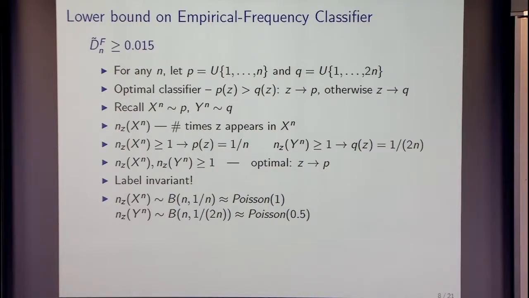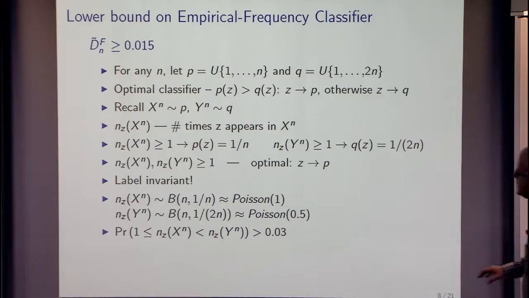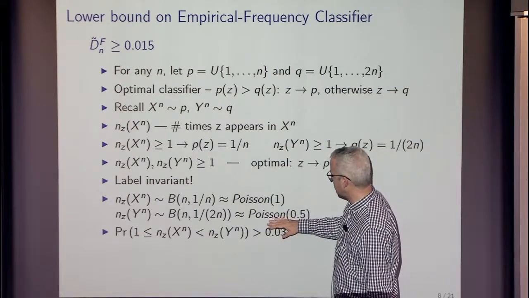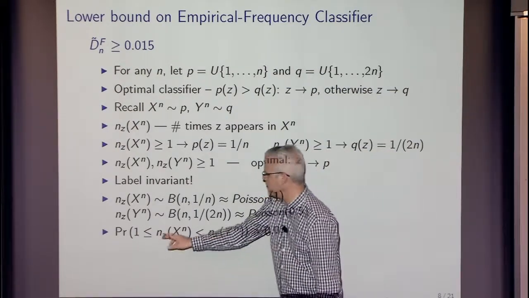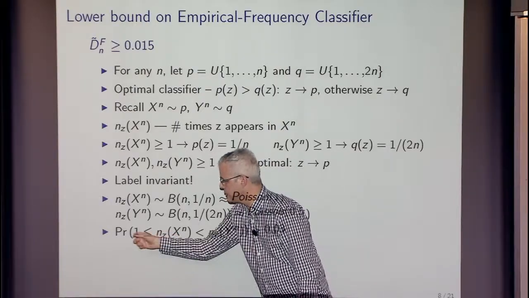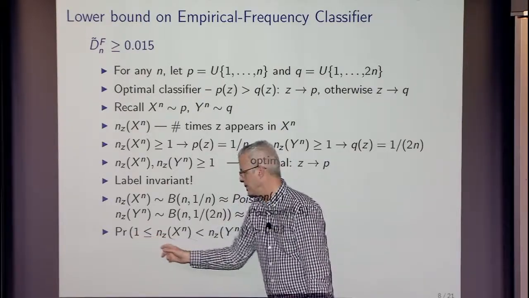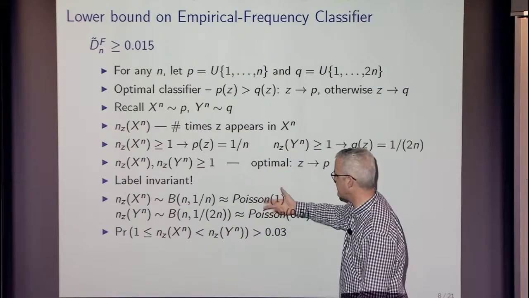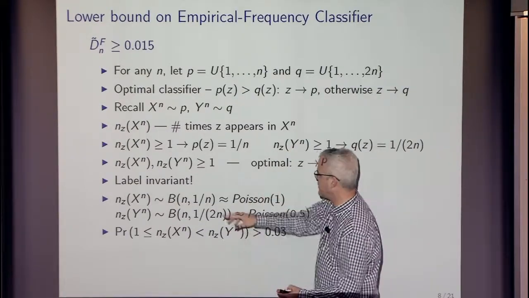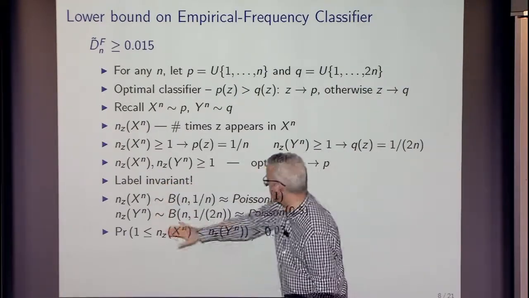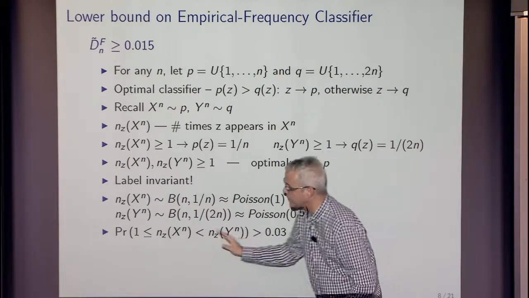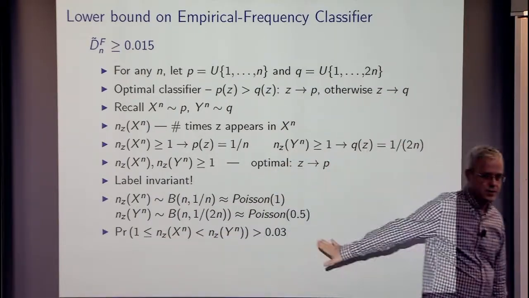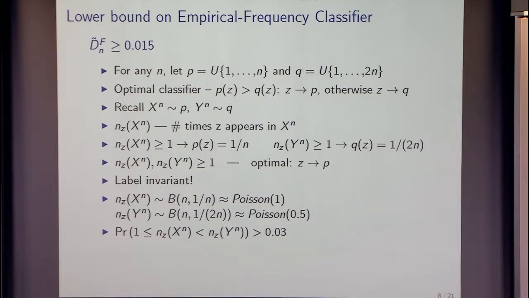But even though this is Poisson 1/2 and this is Poisson 1, there's some probability that this N_z will be bigger than 1. And there's some probability that this will be reversed, namely that it will appear in X^n, even though it's Poisson 1, fewer times than in Y^n, and both of them will be bigger than 1. When this happens, you'll be assigning it to the wrong one.